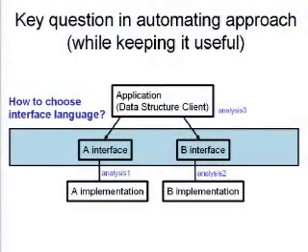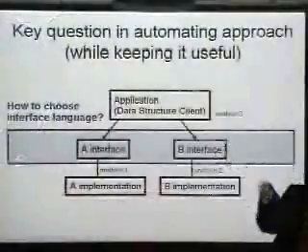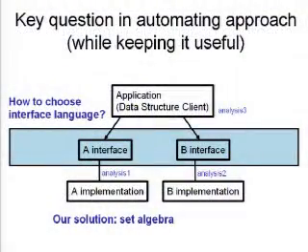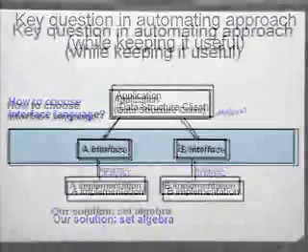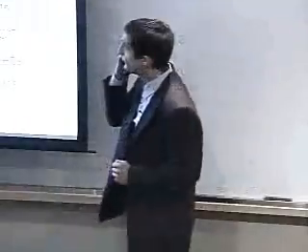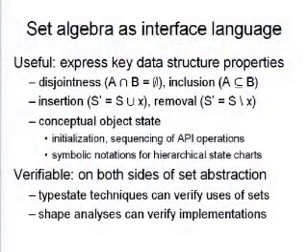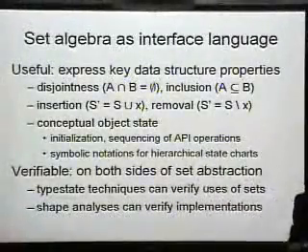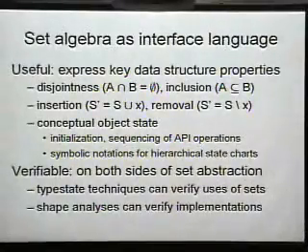But what is specific to making this approach automated is basically how do you choose this interface language? And so in the first project that I'm going to talk about for most of my talk, we actually used set algebra as the specification language. What do I mean by that? Well, we can use set algebraic expressions like intersection, subset, union, and so on to express high-level properties between data structures.